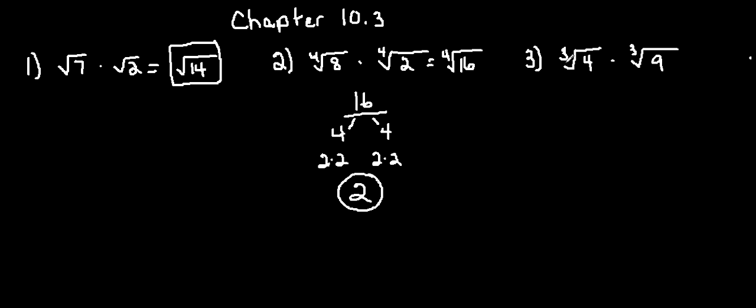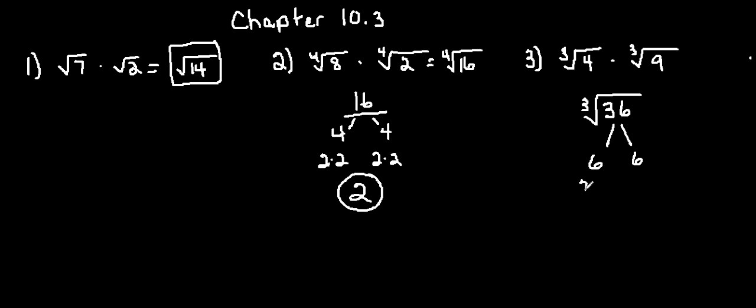How about this one? The third root of 4 times the third root of 9. So that's going to give me, I'll write it down here, the third root of 36. Okay, so let's see, what have I got here? If I factor the 36, I'm just going to continue it down here. So let's see, I think of 6 times 6, right?